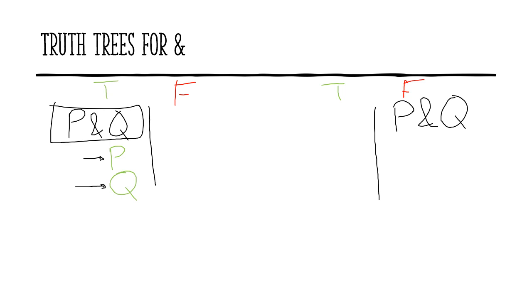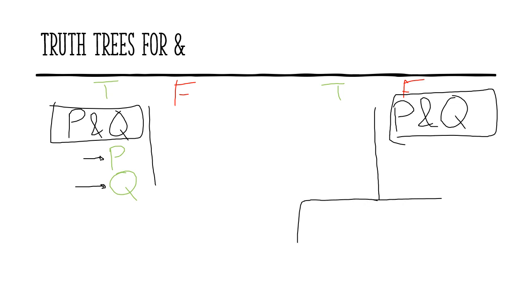Now, the reason why I emphasize the and and the or on those slides is because that's going to tell you what you're going to do in the truth tree. Whenever you see an and, you're going to stack. Whenever you see an or, you're going to split the tree into two. So what did I just say? I said a P and a Q. This statement, when it's false, is because either the P is false or the Q is false.